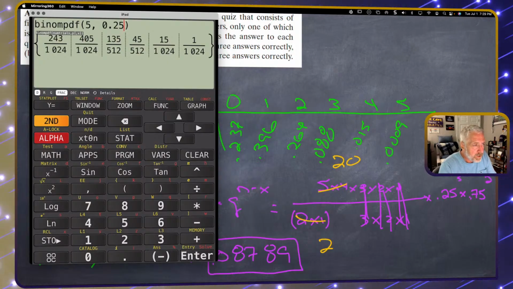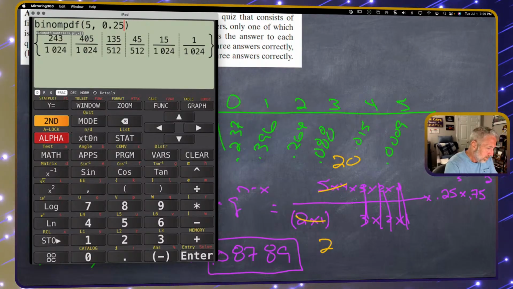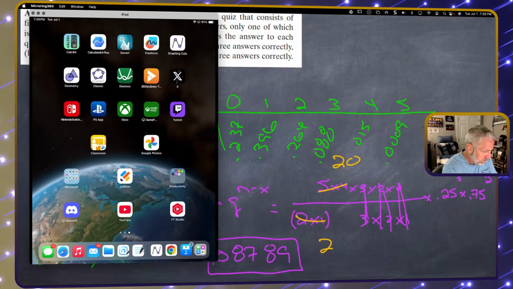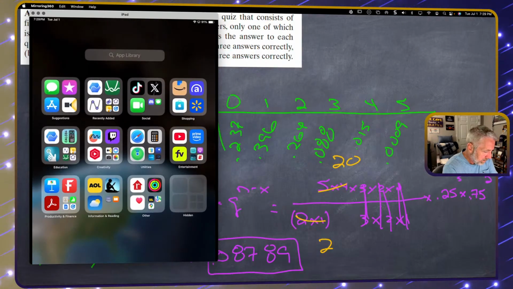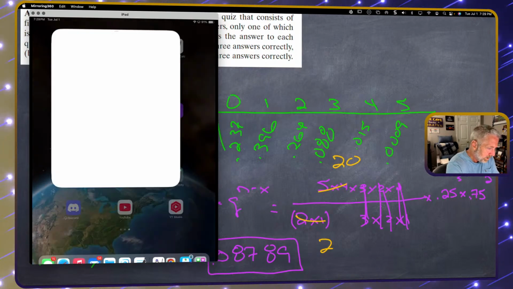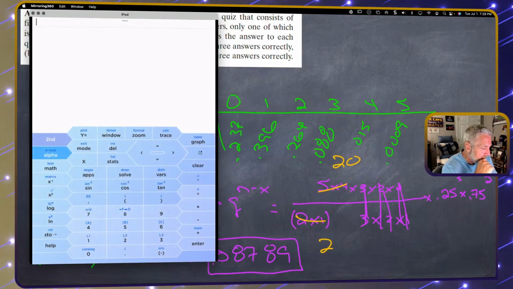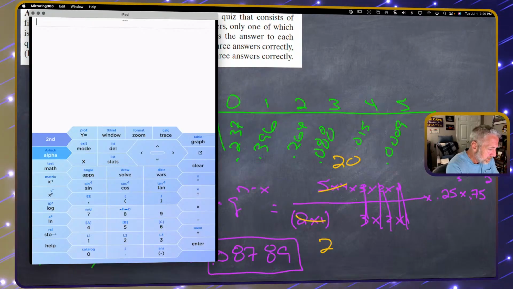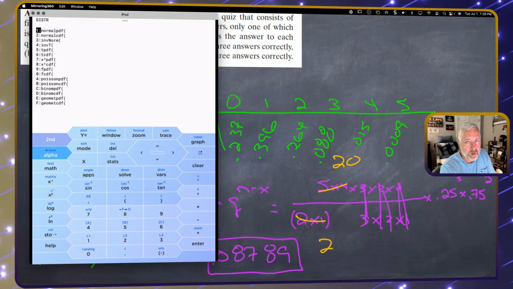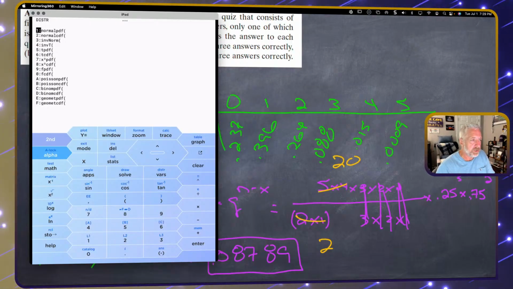Now, what I'm going to do right now is bring up my other calculator, if I can find it. Should be right there. It is. Now, when I go second vars here, notice this looks a whole lot more like your calculator. So I'm still kind of split between the two calculators.